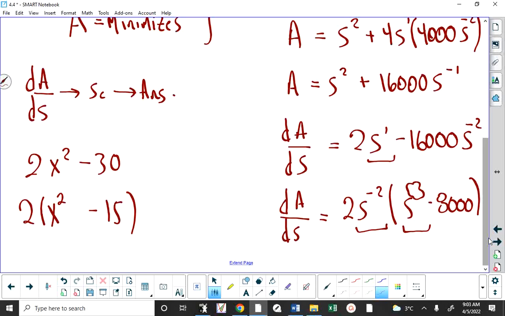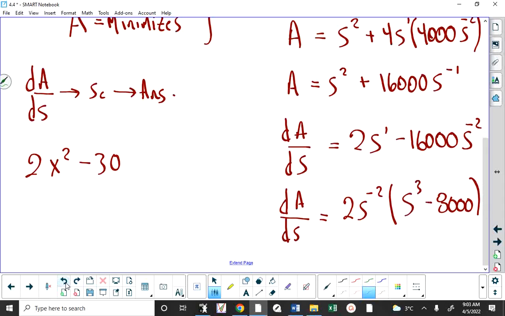So I ask myself, what exponent would I put on s so that when I multiplied s to that exponent by s to the negative 2, I would get s to the 1? Well, I know that I add exponents when I multiply common bases. So I need to add 3 to negative 2 to get 1. So are we okay with this now?